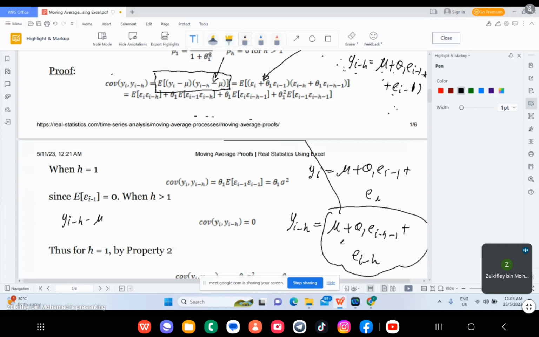If we substitute this part into this function, we'll have Yi minus h is mu plus theta 1 epsilon i minus h minus 1, plus epsilon i minus h, minus mu. So mu and mu can be cancelled off. That is why we only have here theta 1 epsilon i minus h minus 1, this part, and epsilon i minus h.